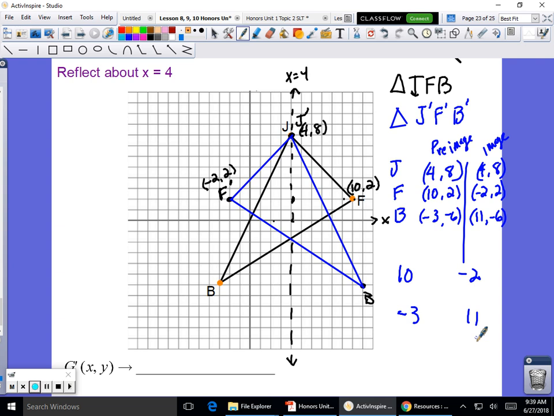What normally happens if this is my line, this is my y-axis, right? What happens when I reflect over the y-axis? Yeah, the x becomes its opposite. Okay, so this line, x equals 4, is similar to the y-axis in the sense that it's a vertical line. So my x's normally become the opposite.